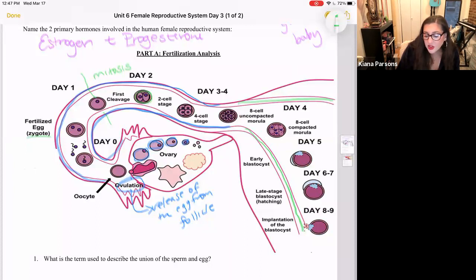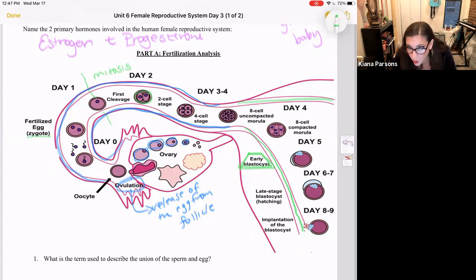And then these terms, you should recognize them. But the important one that you need to identify, that in the ovulation video they said looks like a little raspberry, is blastocyst. And you can see there 8-cell uncompacted morula is just saying there's 8 little cells in there, but they haven't yet been put together to become an organism.